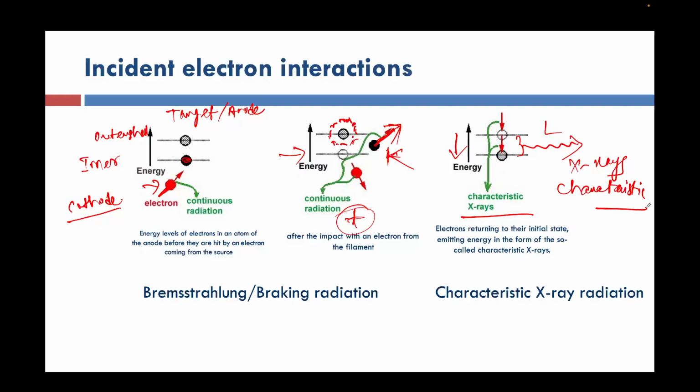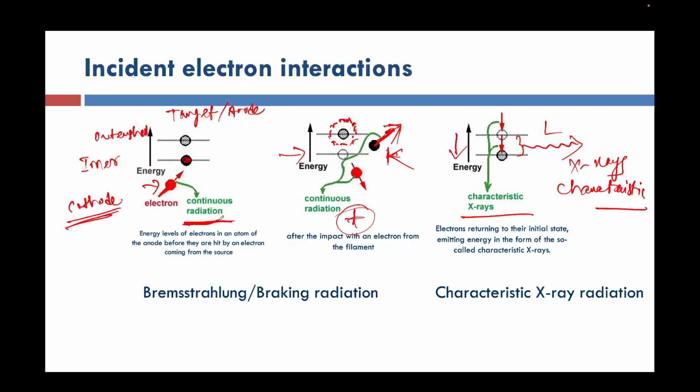But we have to remember that any accelerating or decelerating charged particle emits radiation. So when this electron from the cathode goes and hits the inner shell electron, it will also be slowed down, giving up some amount of energy, and it will also produce some radiation. That radiation is known as continuous radiation.